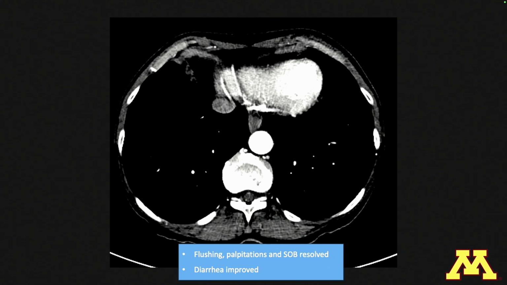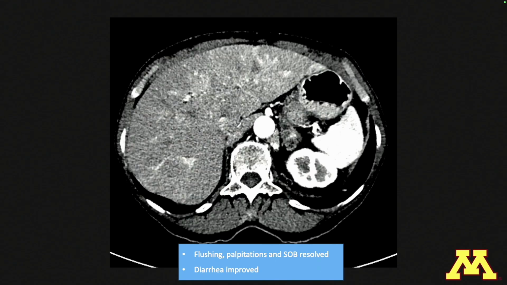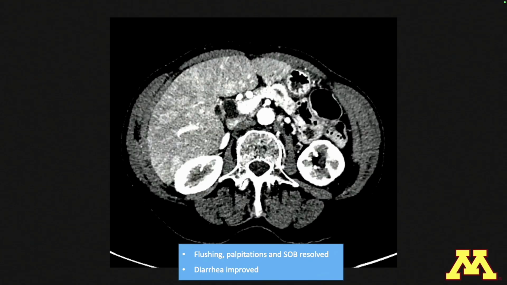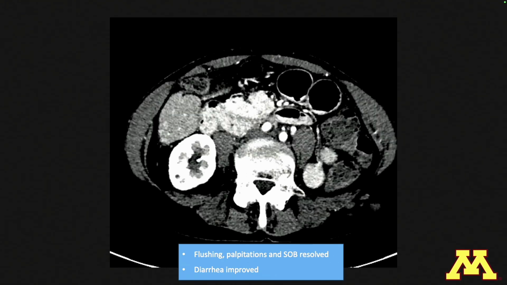And then after the treatment, their symptoms essentially resolved, except for diarrhea, which showed significant improvement. And here we can see through the CTA that all these tumors are showing necrosis, which means shrinking in size, and also less enhancement, which is less taking up of the dye on the CT images.